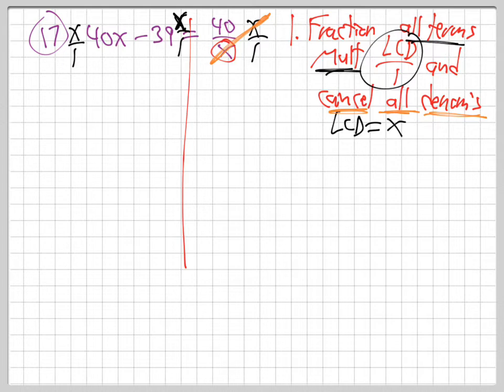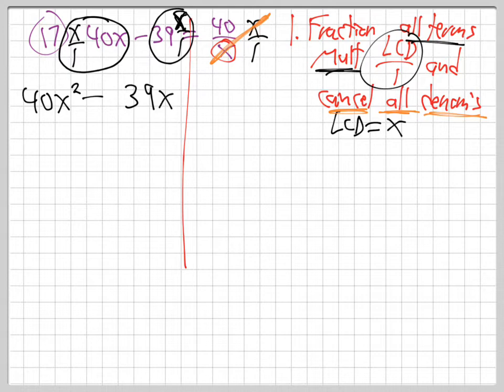Okay, so great, but what does that leave me? What is x over 1 times 40x? Good, because that x over 1 is just x, huh? So it's 40x squared, exactly. Minus, what happens right here? Just 39x, huh?